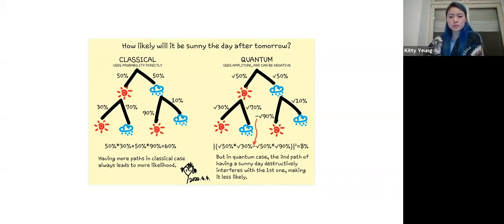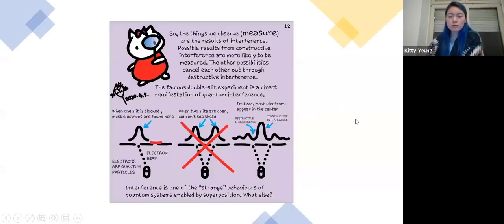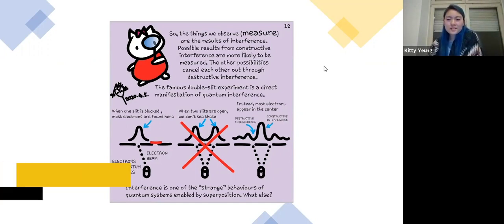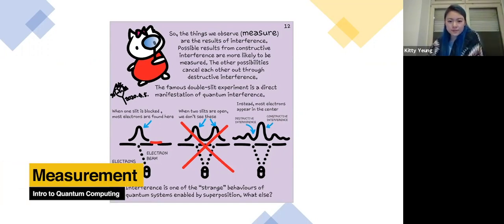Essentially, what we observe in a quantum system is the most possible outcome that comes out of a constructive interference. So maybe seeing this the first time is not very easy to absorb, but think about it more after this class.